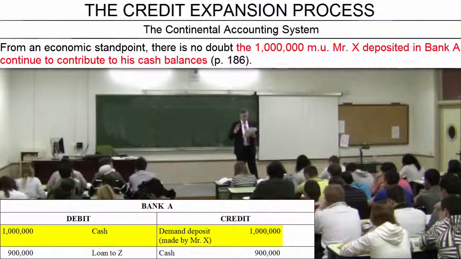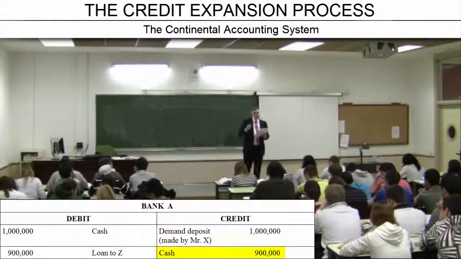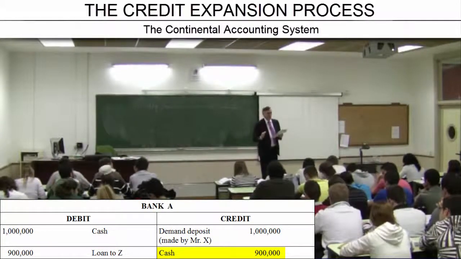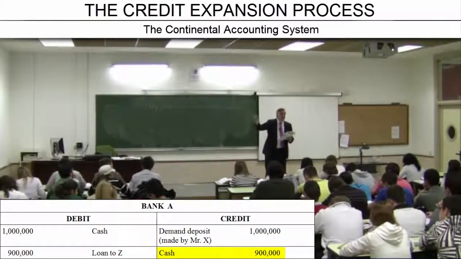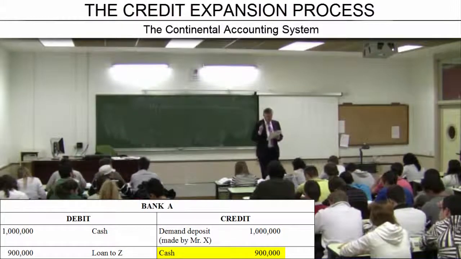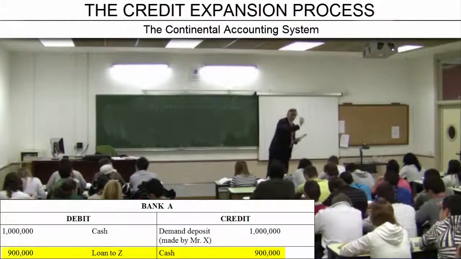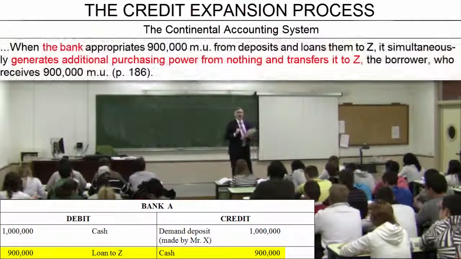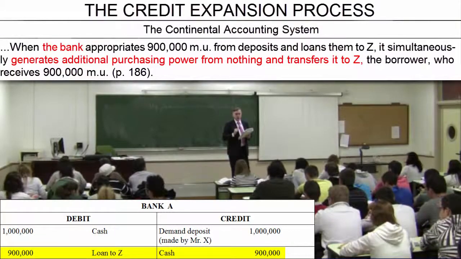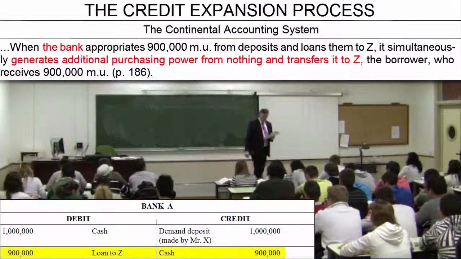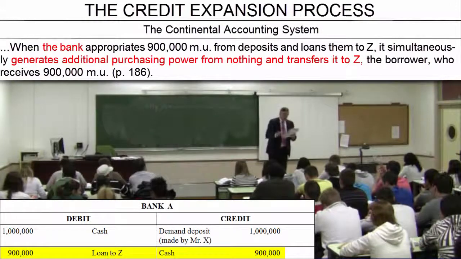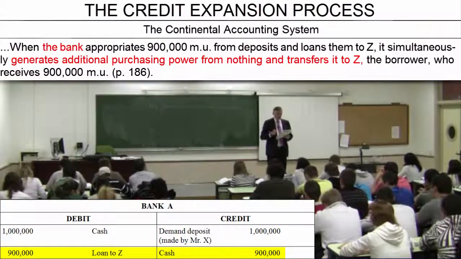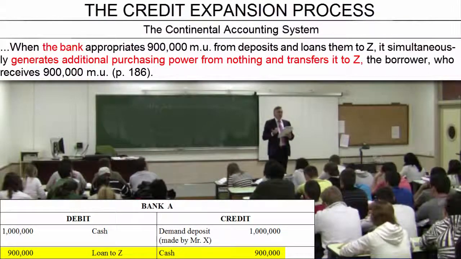Now, take note. When the bank appropriates 90%, 900,000 monetary units, which it had in its vault at the disposal of Mr. X, and it lends the money to a third party, to Company Z, Z simultaneously receives 900,000 monetary units, and Z has in its cash balances 900,000 monetary units, which it receives as a loan.